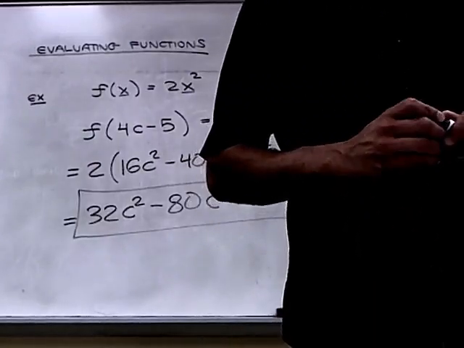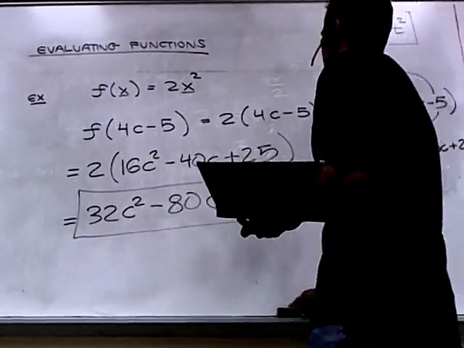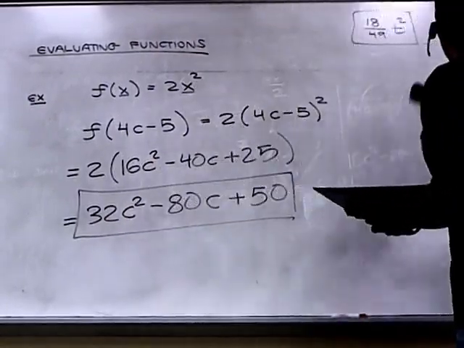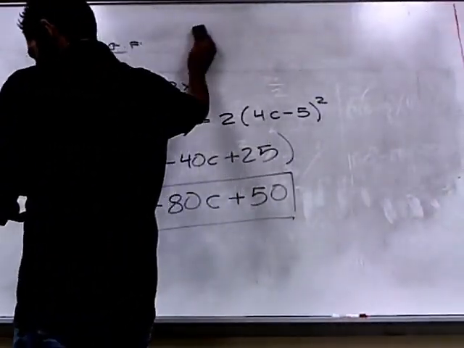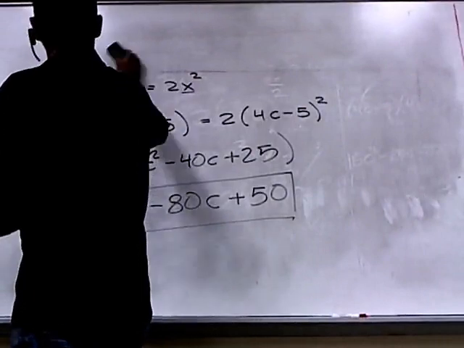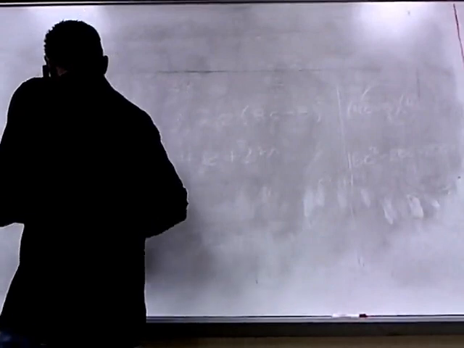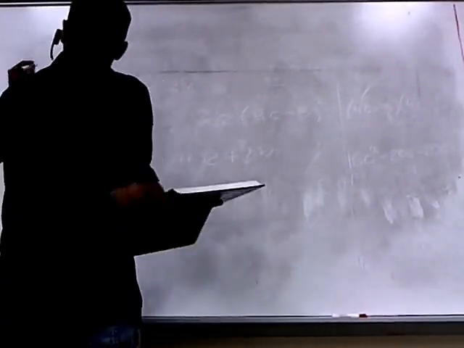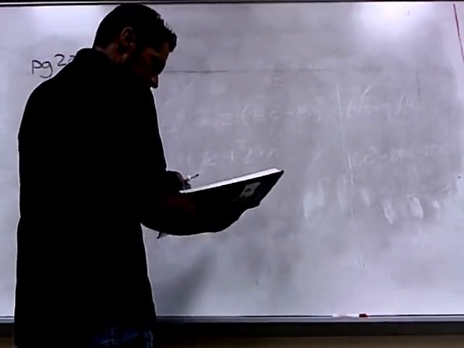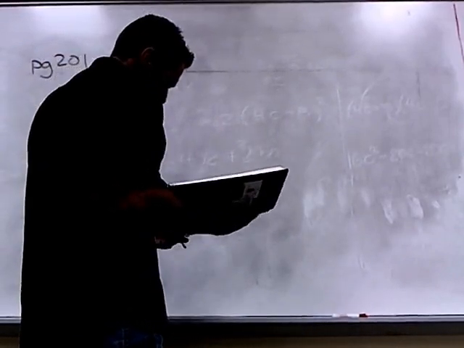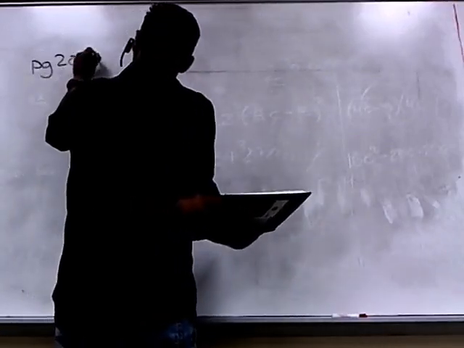Okay, your homework for this section starts on page 201. It's 35 through 57 odd.